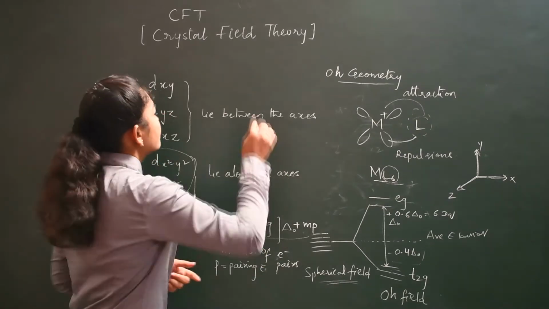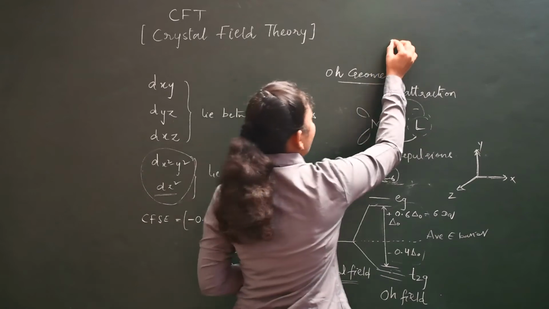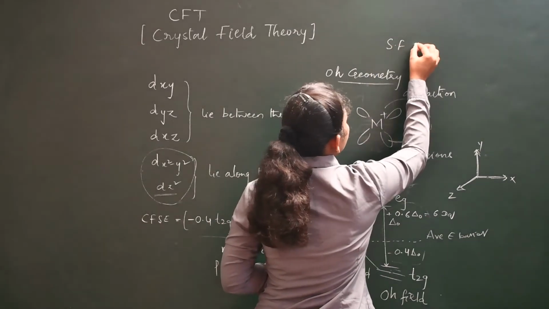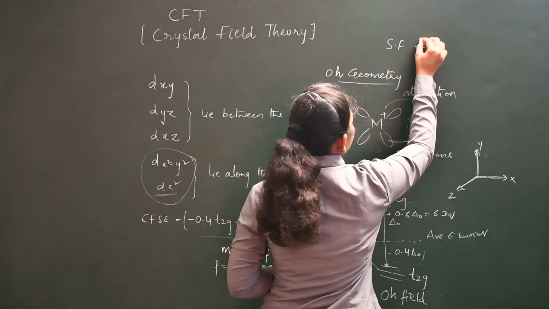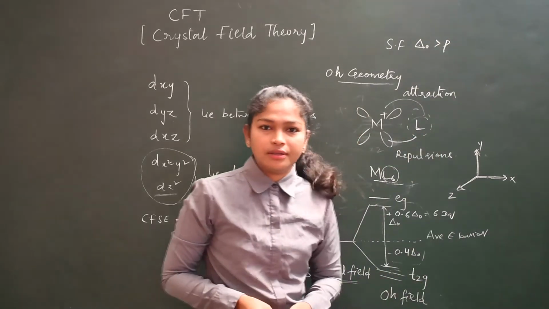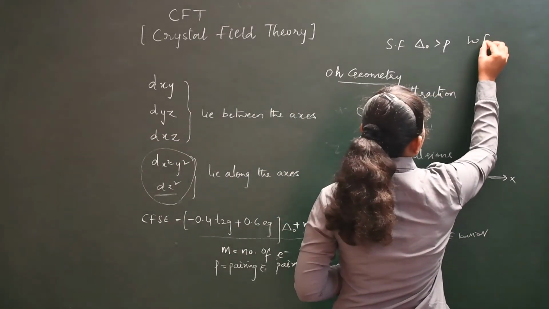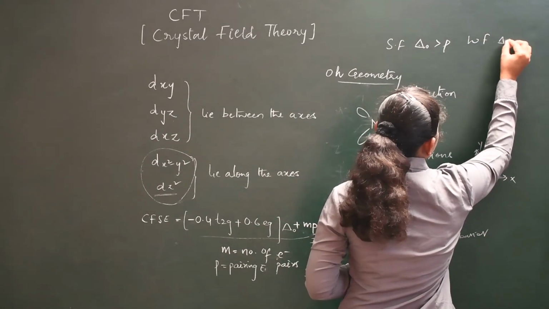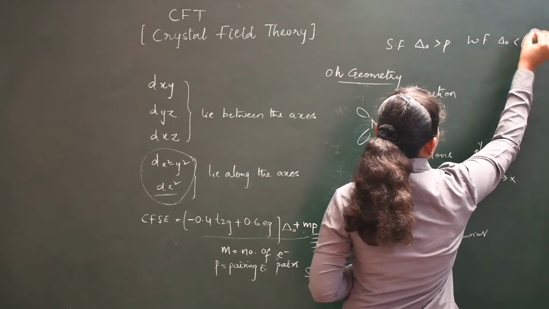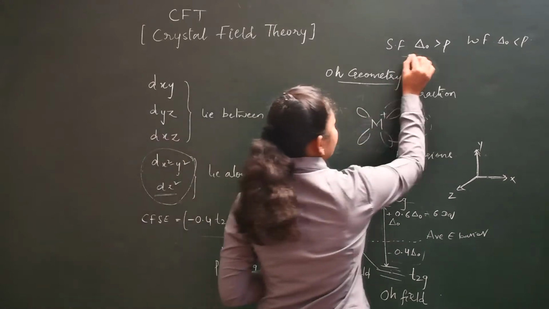If it is in a strong field, the splitting energy will be more than the pairing energy. Suppose it is in a weak field, the splitting energy in octahedral will be less than the pairing energy. So that will be there.